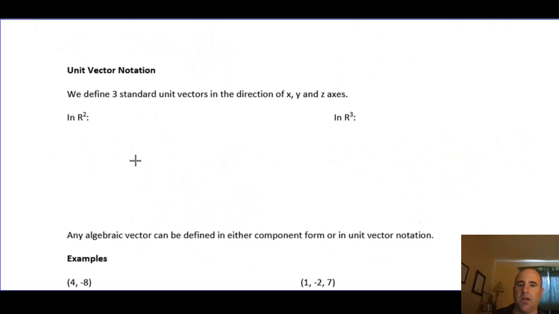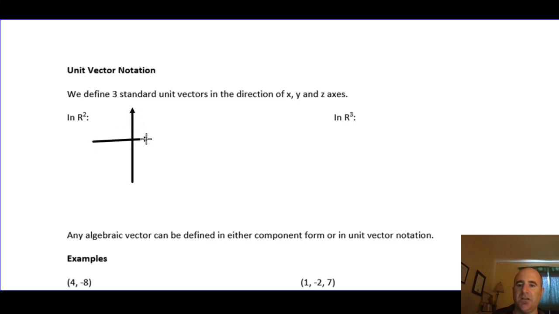Now that we understand unit vectors and algebraic operations with vectors, we're actually going to talk about unit vector notation. This is a different notation for talking about algebraic vectors. In R2, so in 2 space, we of course have the x and y axis.